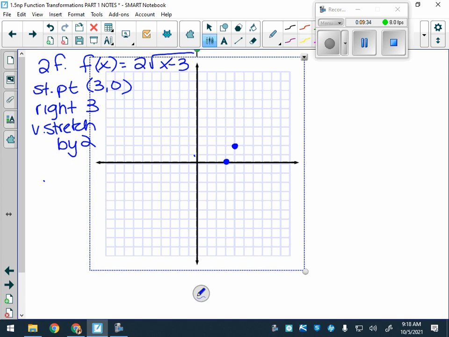Okay. Now, what would be the next x value I can input to make this a perfect square? So I already used 4. What would be? Yeah. 7. So 7 minus 3. Square root of 4 times 2.